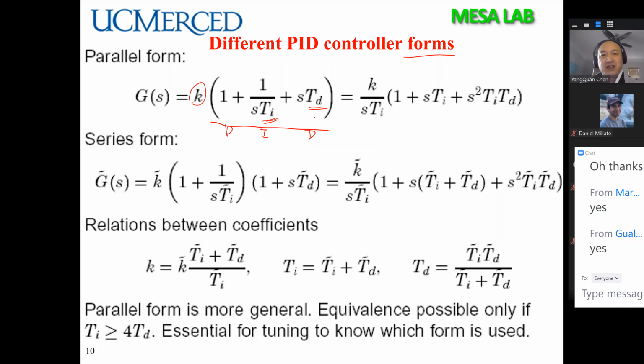S is d/dt, so you have a second in here. Second times second cancels out a second. So the dimension of this one is still the same dimension as the E.